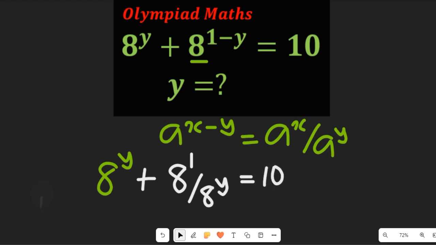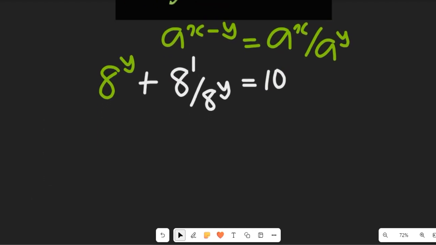Great. Now, having seen this, what we need to do is to simplify. To simplify, we might decide to take the LCM of the left-hand side, or better still, we can decide to multiply through by a to the power of y.